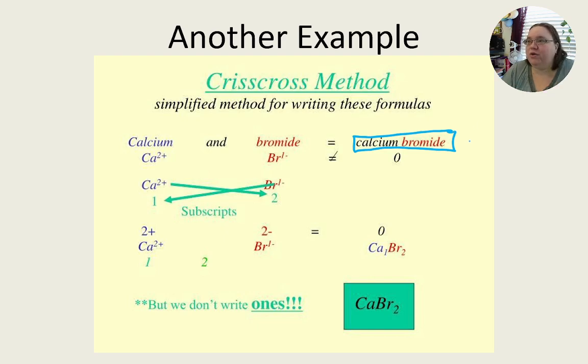We are seeing an IUPAC rule being used before we've actually learned the rules. In terms of our nomenclature rules, the first element tends to keep its name. Whatever it is, the first element keeps its name. For the second element, we write the first part of the element's name, and then we replace the ending with IDE. That's how we get calcium bromide.